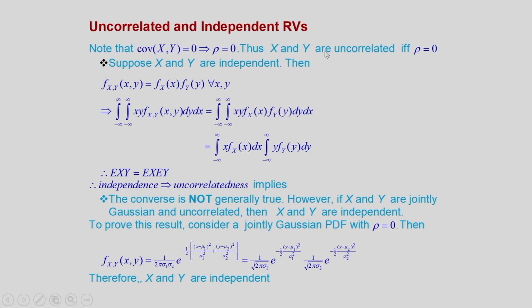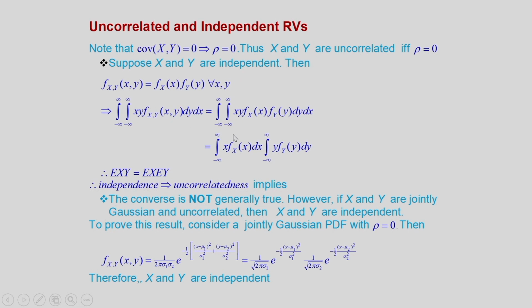Therefore, x and y are uncorrelated if rho is equal to 0. This can be taken as a definition. Now, suppose x and y are independent, then by definition the joint density is the product of the marginal densities for all x, y. Now, multiply both sides by x y and take the double integral with respect to dy dx.